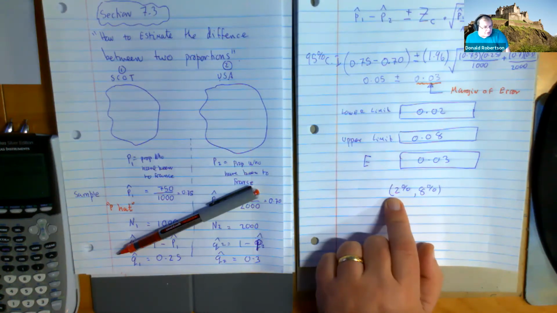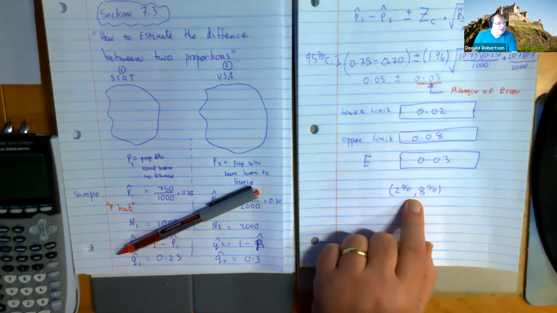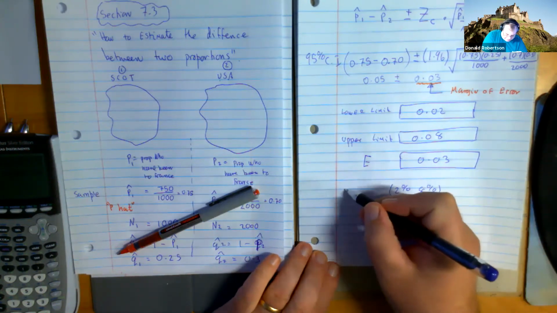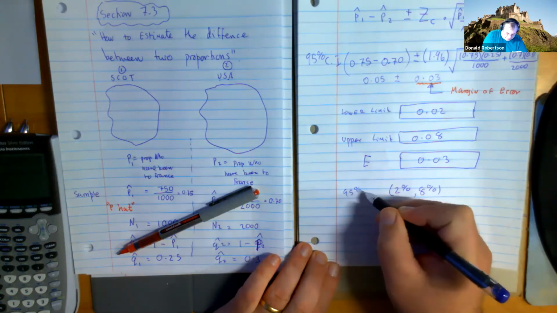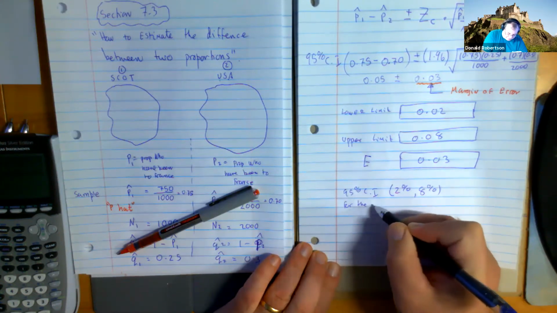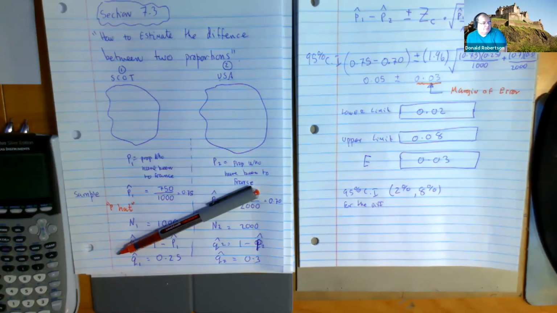And the difference is about 2% more, could be as much as 8% more. Right? When I phrase it that way, does that information sound a little bit more understandable? Right? That the 95% confidence interval for the difference is somewhere between 2 and 8. So far, so good. Right.